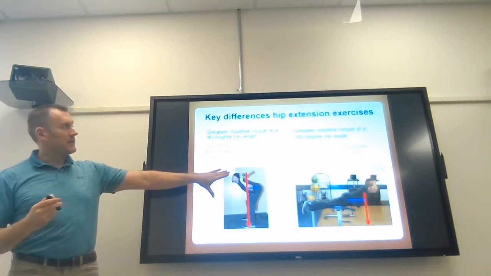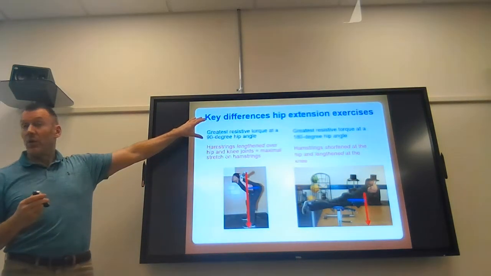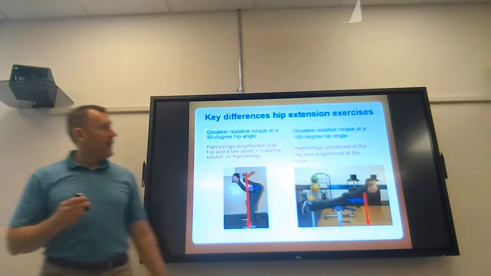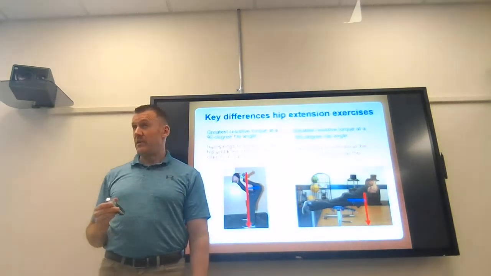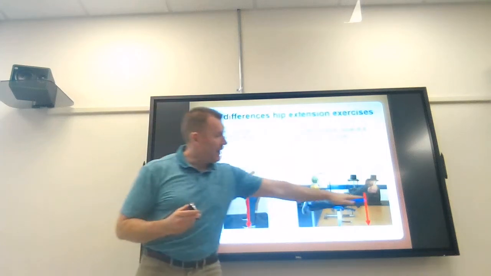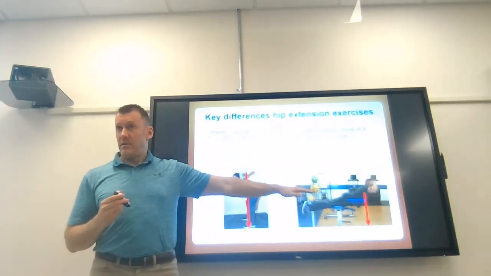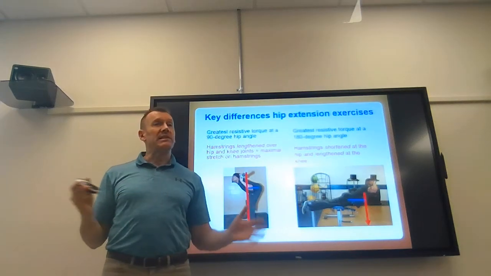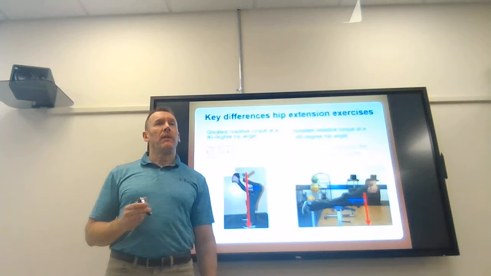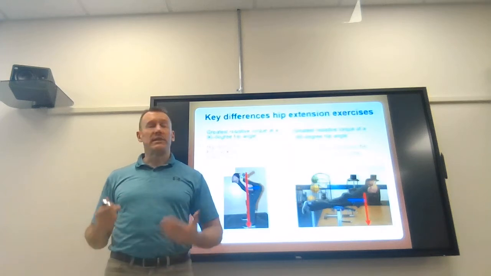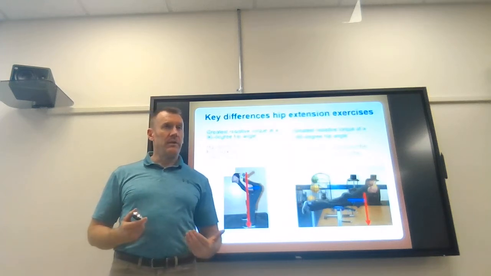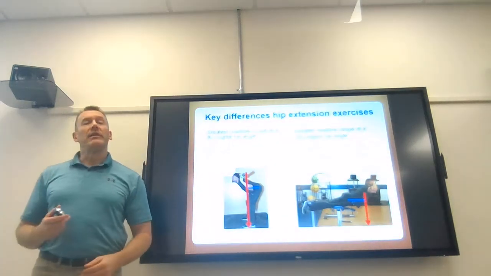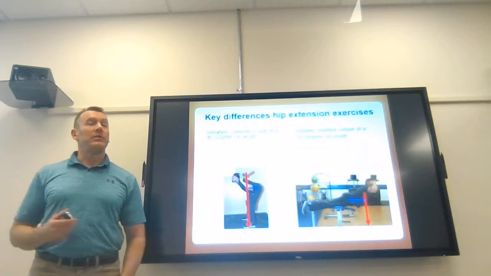With this exercise, the greatest resistive torque is at a 90-degree hip angle, and with this exercise, it is at 180 degrees at the hip. So they're both hip extension, but the way the muscle is worked is different in each case. One is not necessarily better than another. They're both good, but they have their differences.